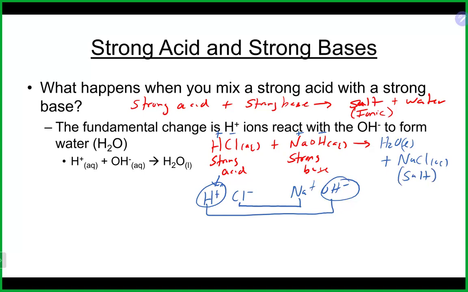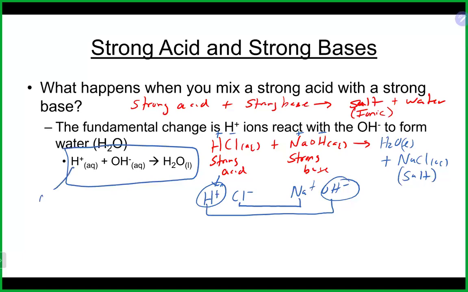So if you remember, these are under the umbrella of double displacement reactions. These are the guys that basically make water. If you take any combination of strong acid and strong base and you put them together, whichever one you like, nitric acid and potassium hydroxide, whatever you like, and you boil it down, this is ultimately the reaction that's happening.